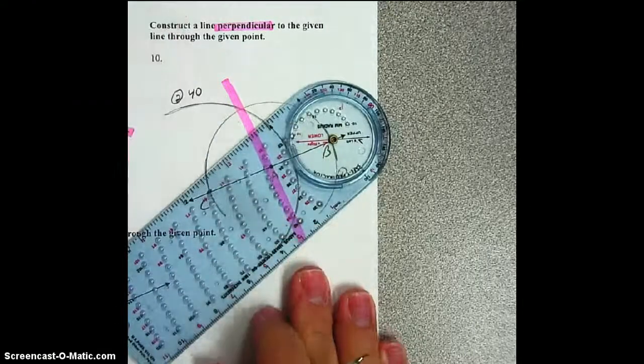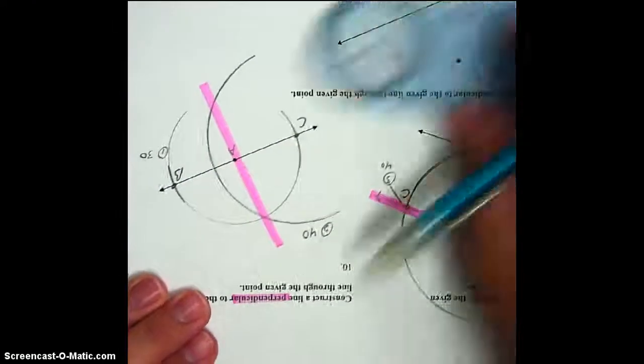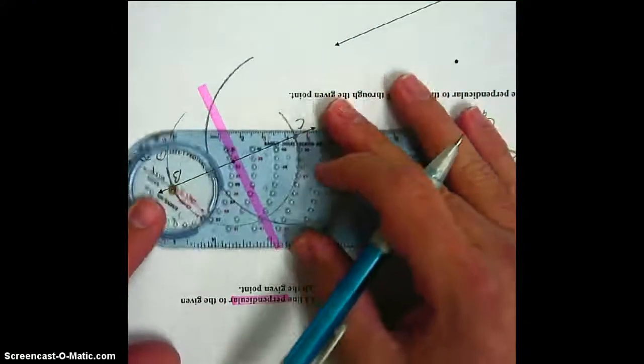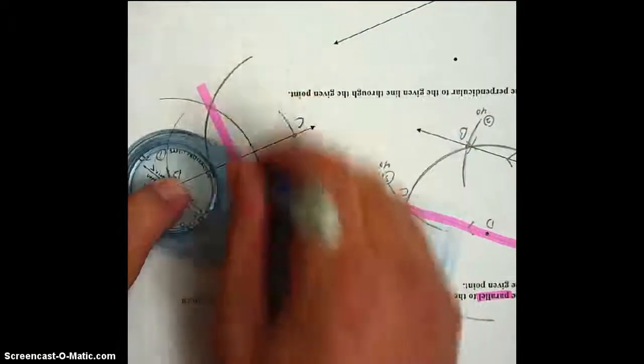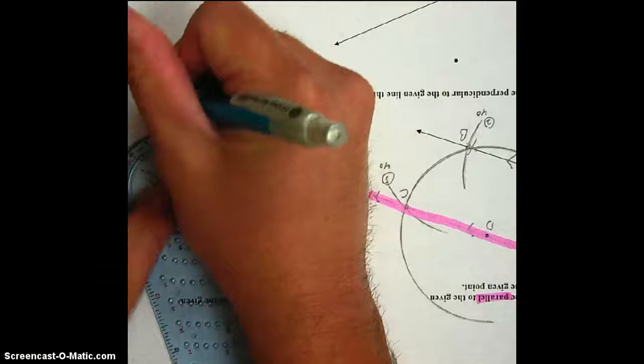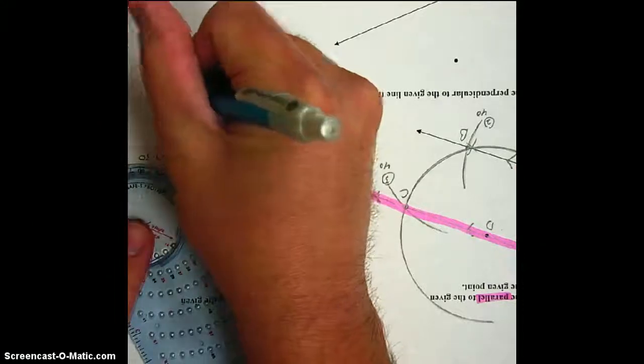Since I'm right-handed, it's kind of hard for me to draw that, so what I do is I just flip my paper and go to B and draw my 40. So this is step 3, and I drew a 40.